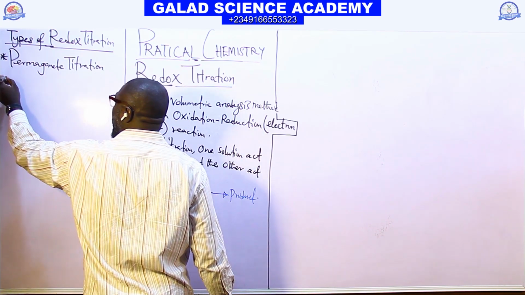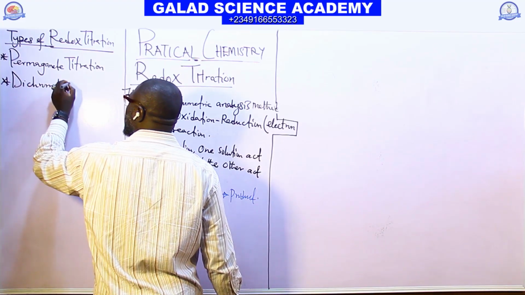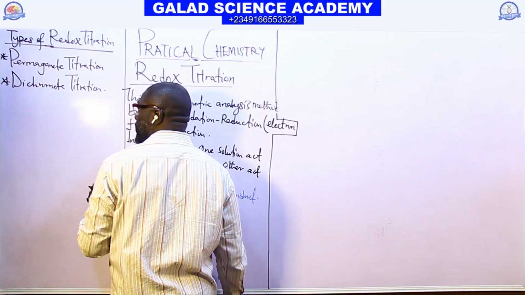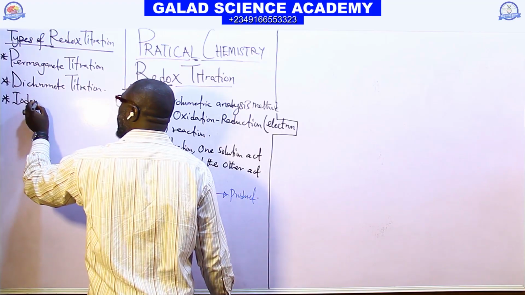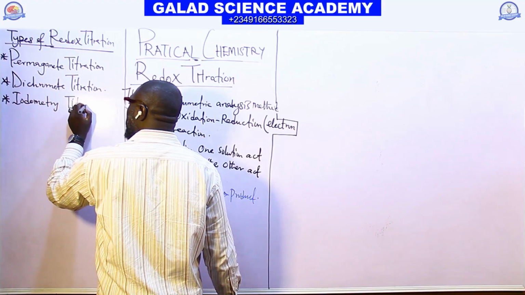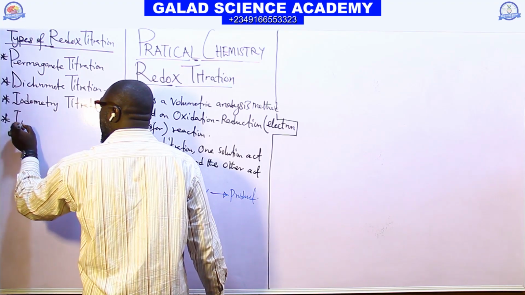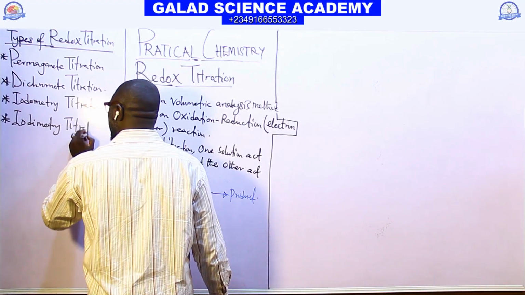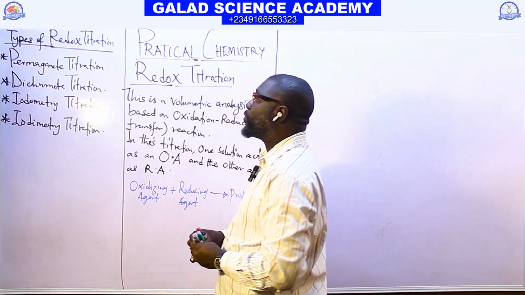The second is dichromate titration. The third is iodometry titration. The fourth is iodimetry titration. So these are the four types of redox titration.